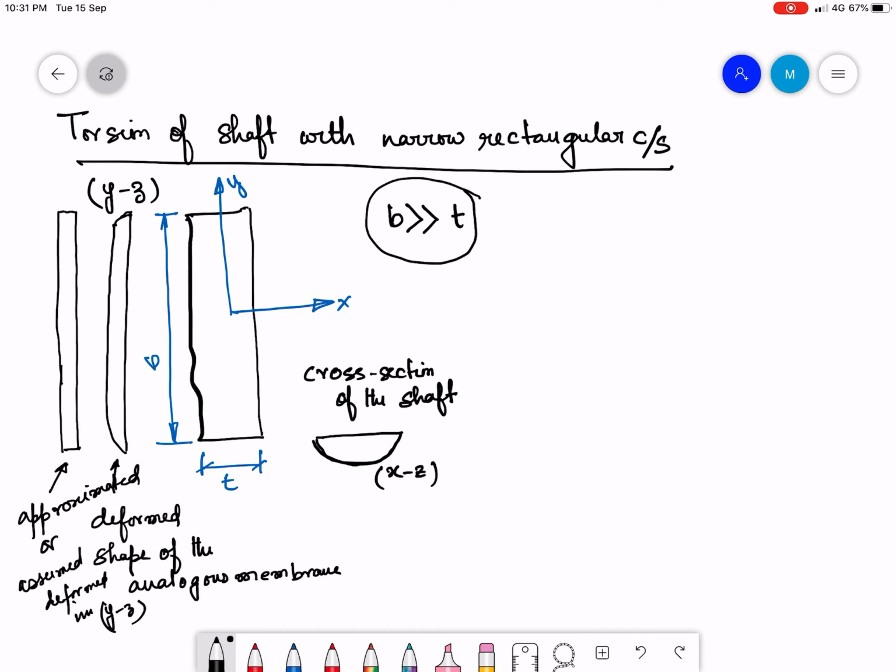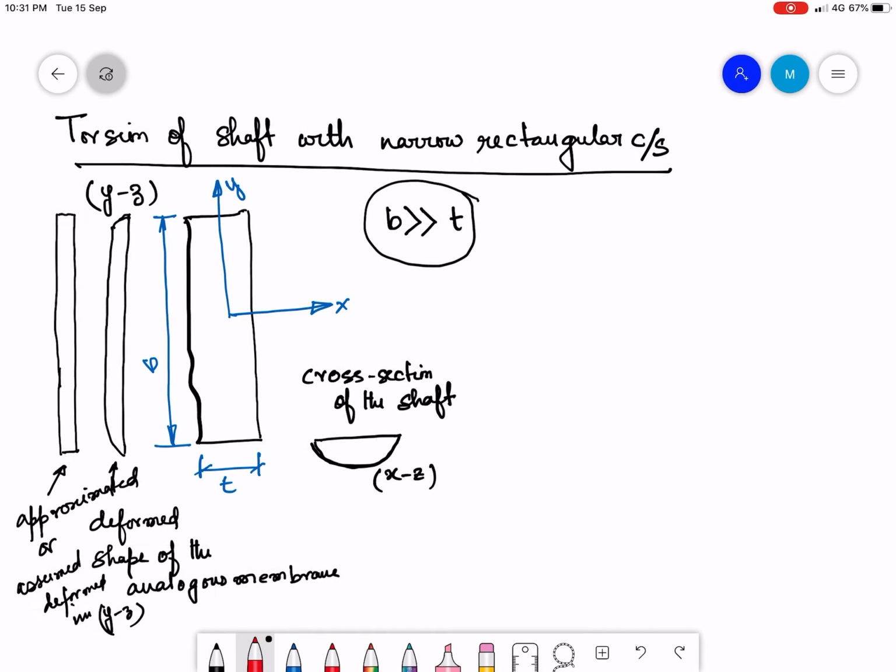Let me reiterate. This red one is the actual deformation of the analogous membrane, and the black one is the assumed or approximate deformation of the membrane in the YZ plane.